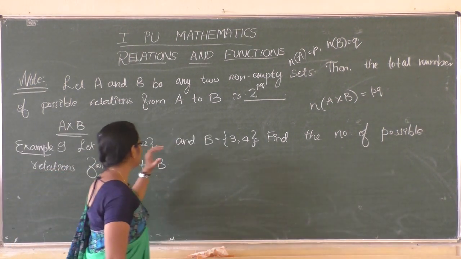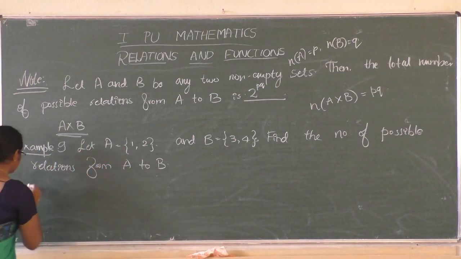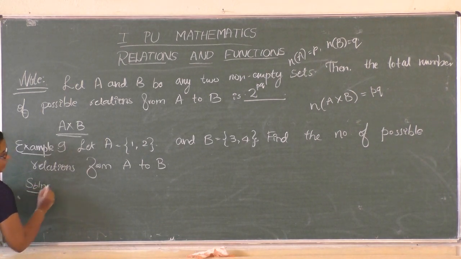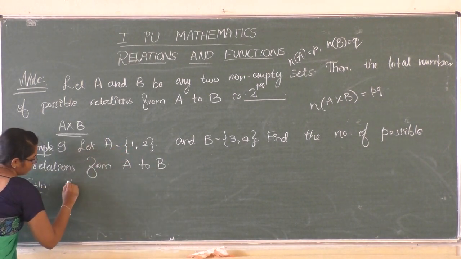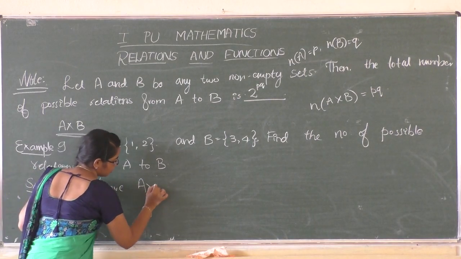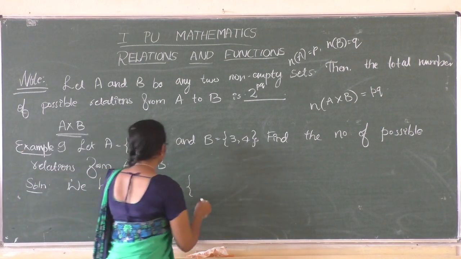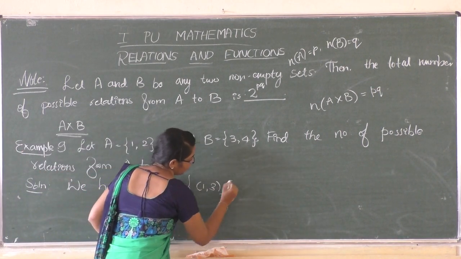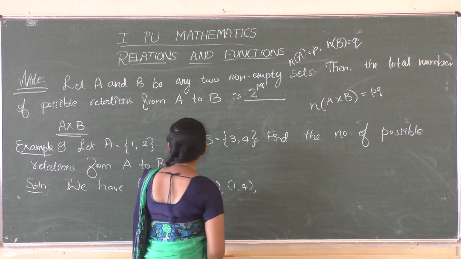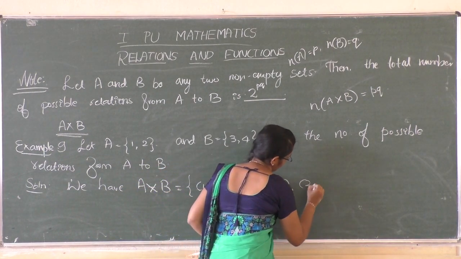First you need to find A cross B, the Cartesian product, which you know how to calculate. We are given A and B, then A cross B is equal to, this is very easy, (1, 3), (1, 4), (2, 3) and (2, 4).